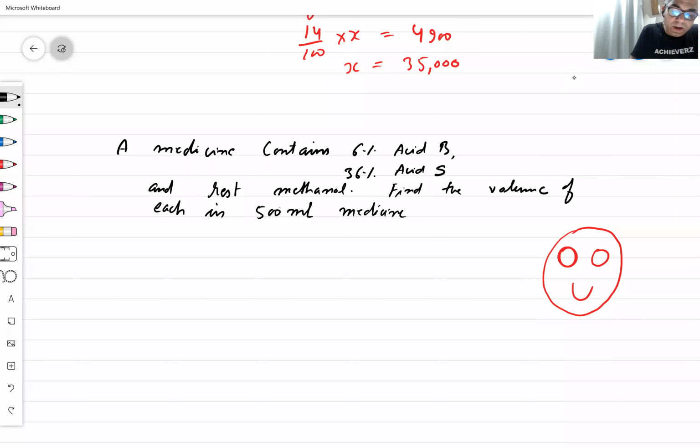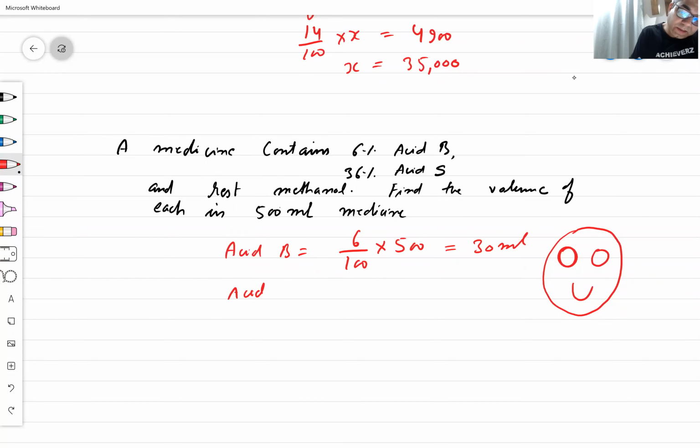So this is simple, right? 6% of acid B in 500 ml. Acid B quantity would be 6% of 500 ml, that will give you 30 ml.